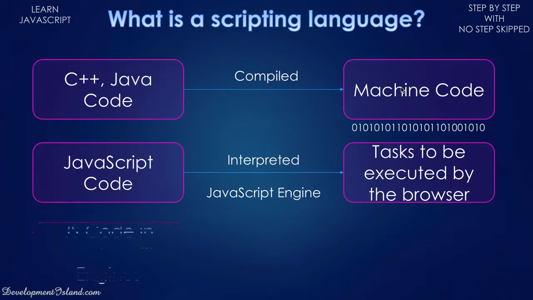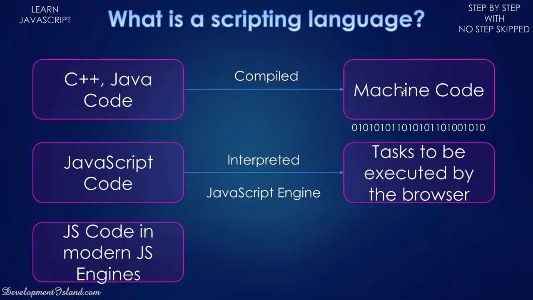Now, JavaScript may be compiled in some cases, especially in modern JS engines. So in some modern engines, you will find something called JIT compilers. JIT stands for just in time. So these compilers will compile your code straight away just before execution of your JavaScript code.